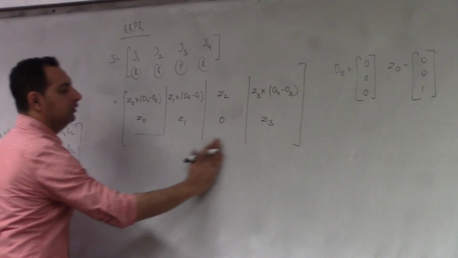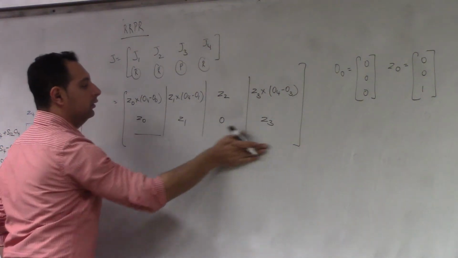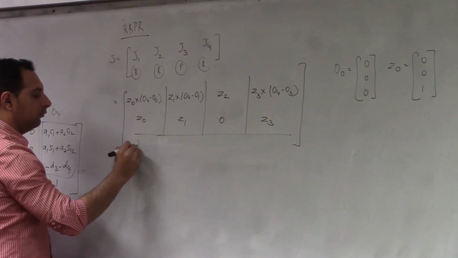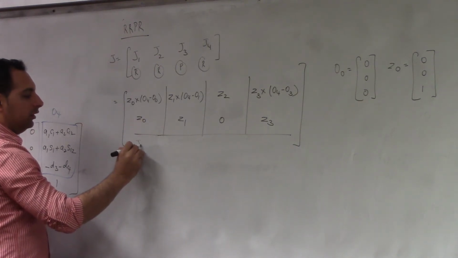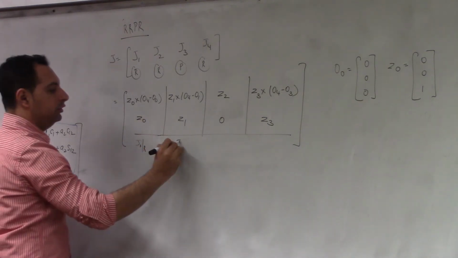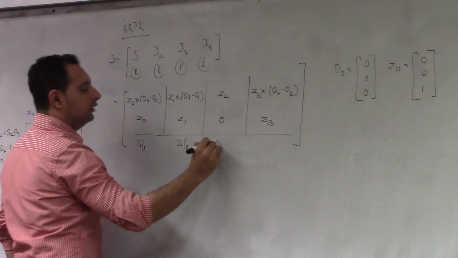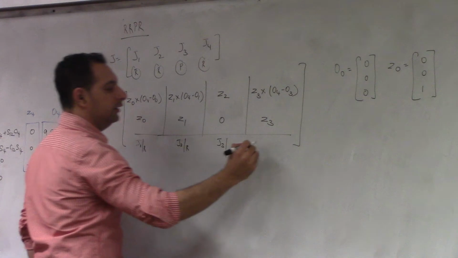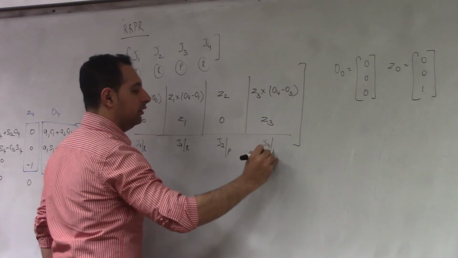This is J1 of R, this is J2 of R, this is J3 of P, because it's a prismatic joint, and this is J4 of R.